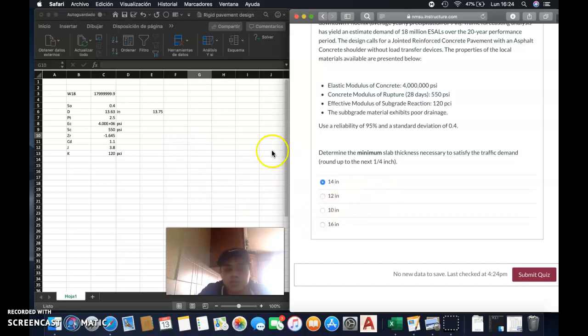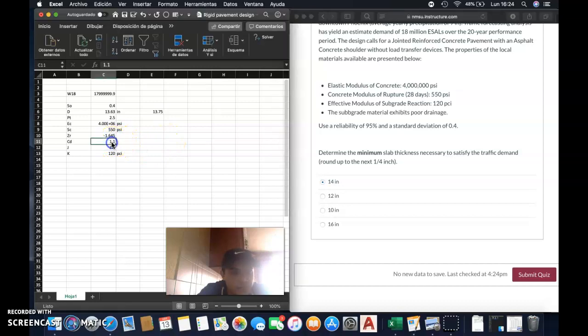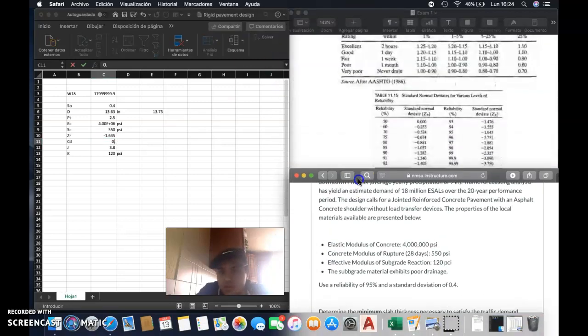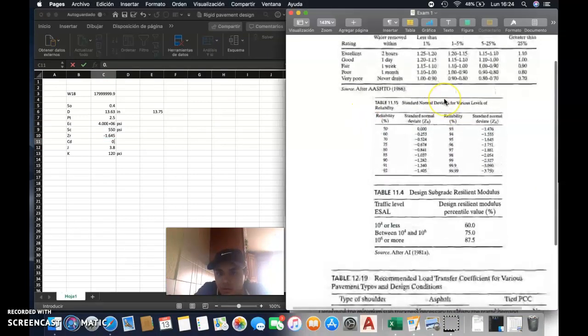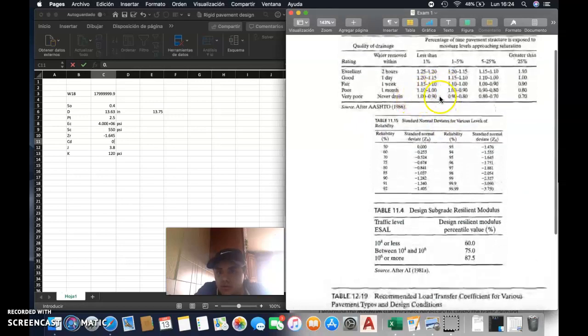Maybe it's not exact because of the Cd that I chose. Maybe if we change this value to 1 or 0.9. Okay, let's see with 0.9.